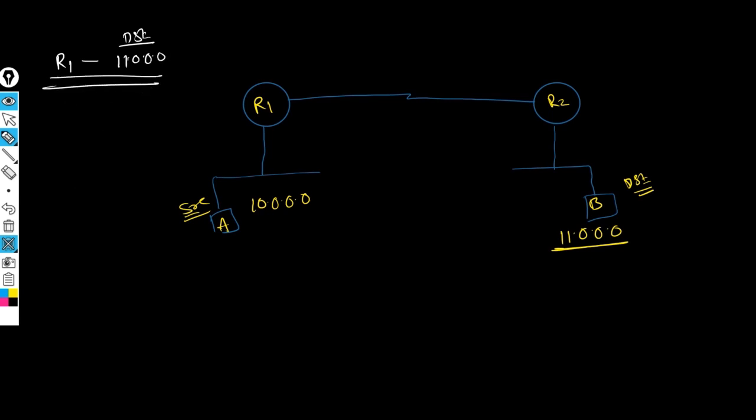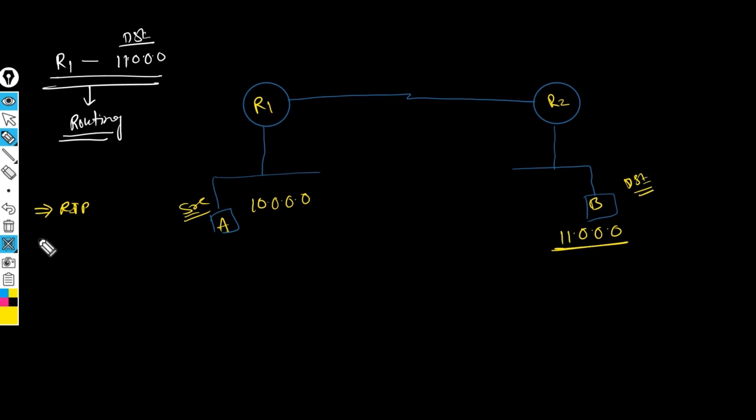Now for router 1, 11.0.0.0 is an indirectly connected network, and to reach this particular network we can go ahead and configure routing itself. That could be static routing or maybe a dynamic routing protocol. Say for example, I am going to configure RIP.